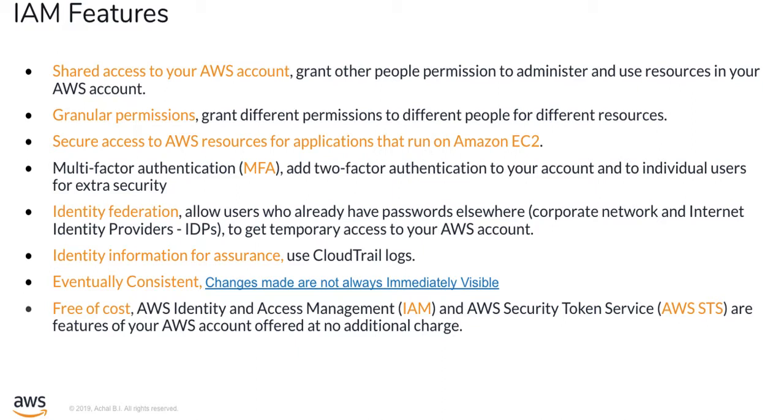It provides temporary access to these federated users to log into the AWS account. It also gives identity information for assurance. You could use CloudTrail logs to track this identity information, who has used it, at what time they have used it, and more information about your identity within your account.